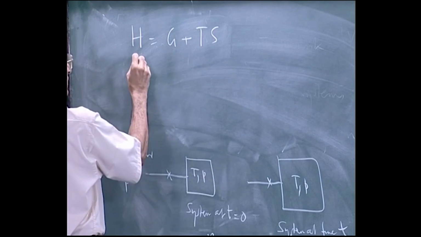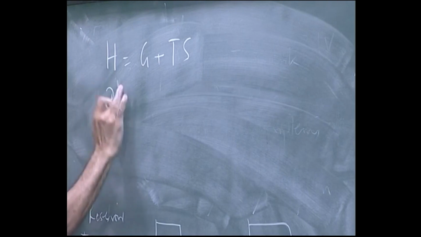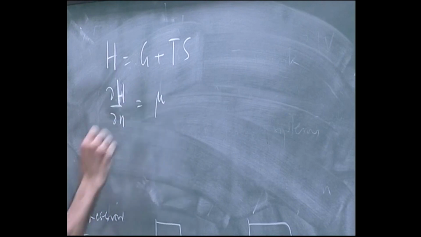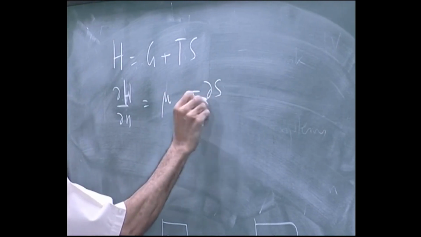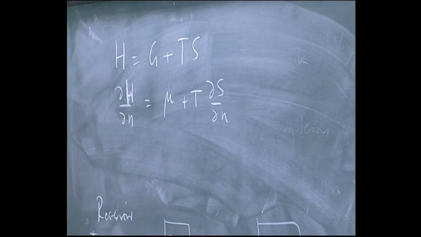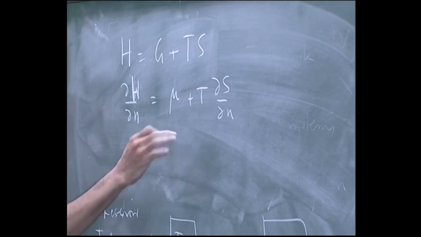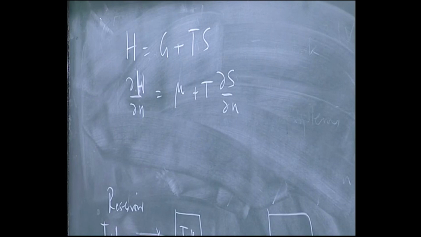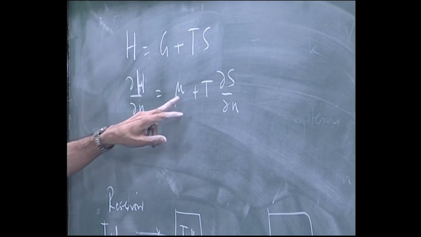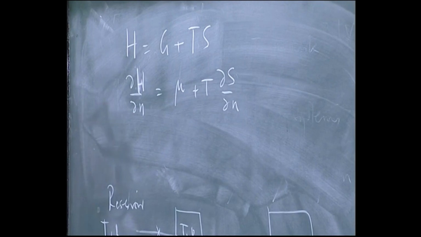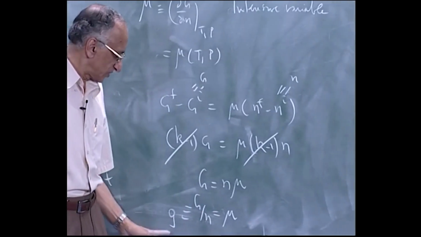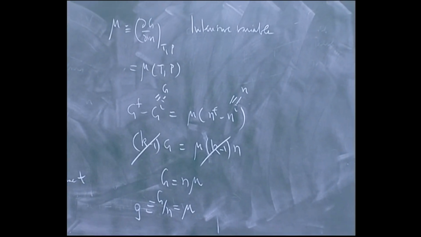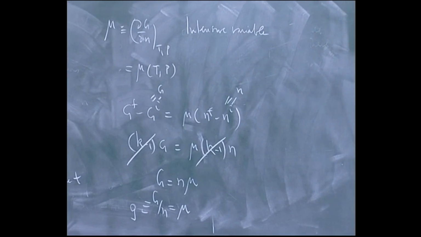So, if you are doing partial of H with respect to n, you will get partial of G with respect to n, which is mu, plus T partial of S with respect to n. And you can do the same thing with A is G minus PV. So, partial of H with respect to n is mu plus a quantity. The only partial that is exactly equal to the specific property is the Gibbs free energy. The specific Gibbs free energy is the chemical potential.